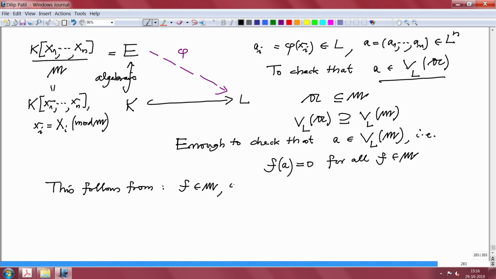that is f bar, which is the image of f in E, but this image has to be 0 because f belongs to M. Therefore, modulo that it is 0.